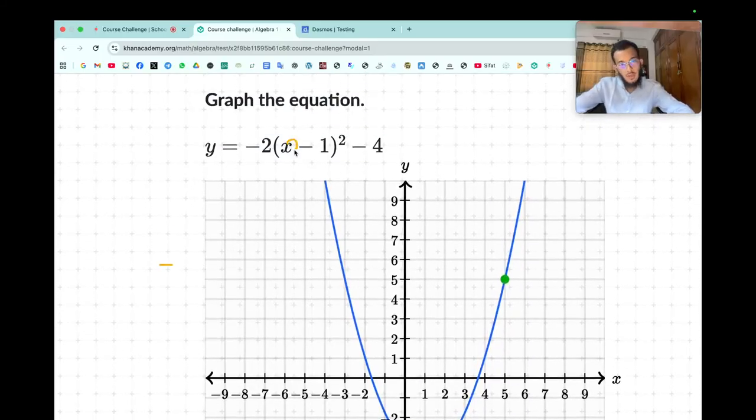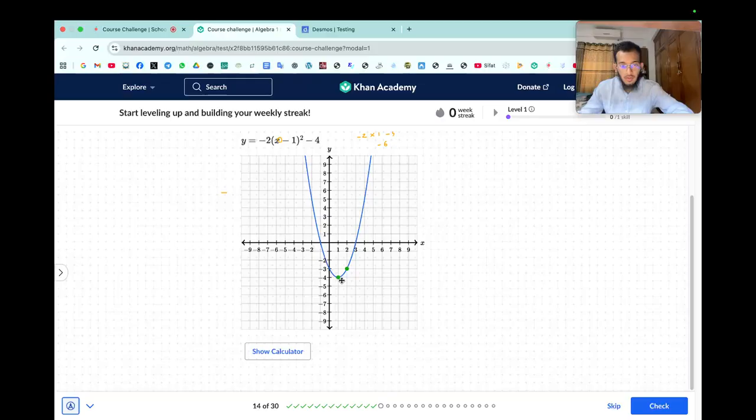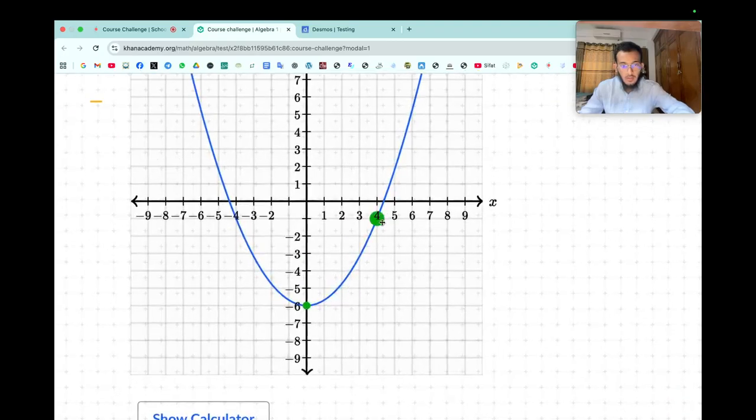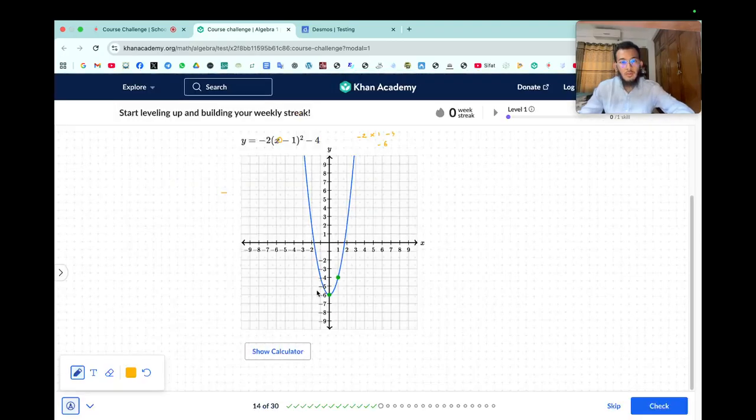So if you plug in 0 here, we have -1 squared. -2 times -1 squared is basically -2, -4, so we have -6. So we can bring this one here, this one to be -6 and this one to be 1, -4. Yeah, y-intercept is -6 and we have 1, -4. This should be our answer.